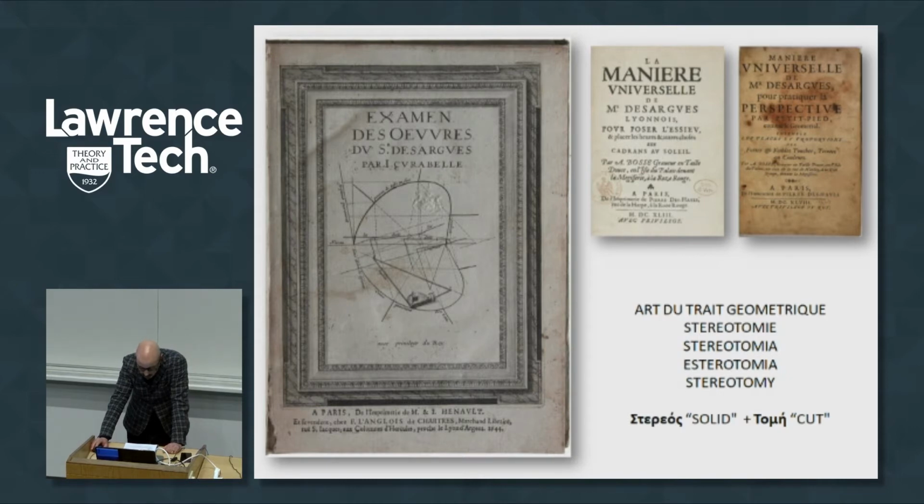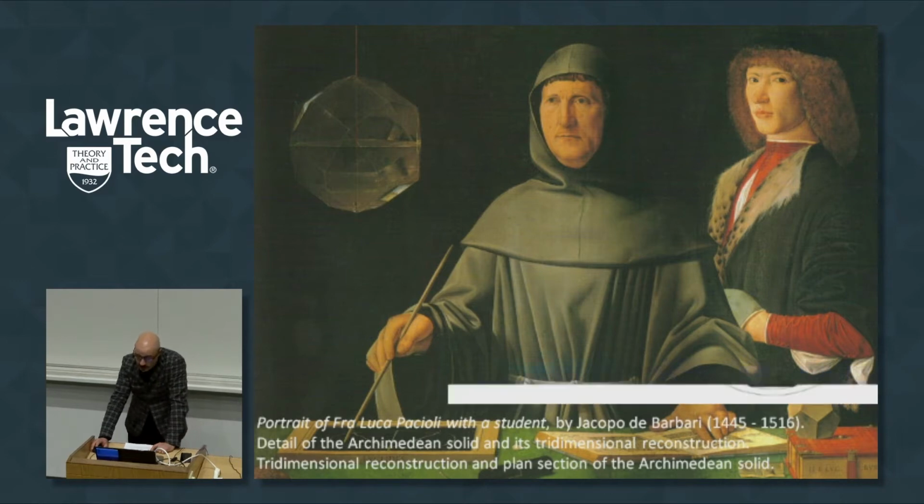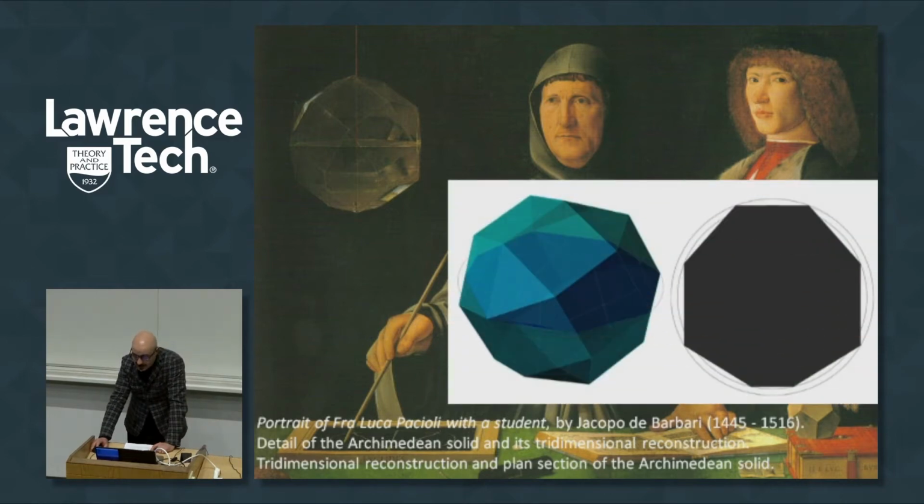It was normally used to refer to the section of solids, probably deriving from the union of two Greek words: stereo, equal to solid, and tomia, equal to cut. Here you can see an example through the portrait of Fra Luca Pacioli with a student, an example of the logic of cutting stone.